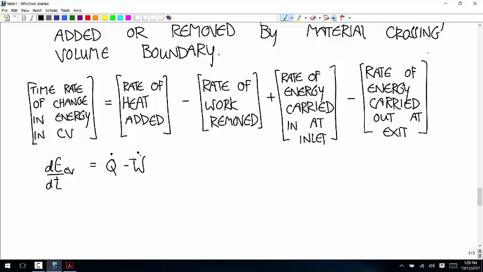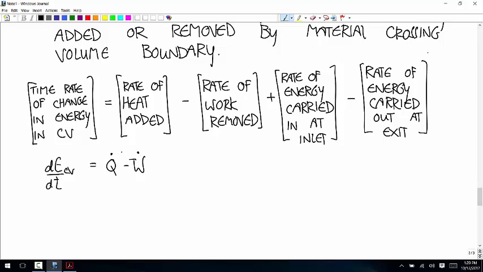And now the energy that the material coming in the inlet, what are the three ways that we've talked about that material can have energy? Kinetic, potential, and internal. Exactly.